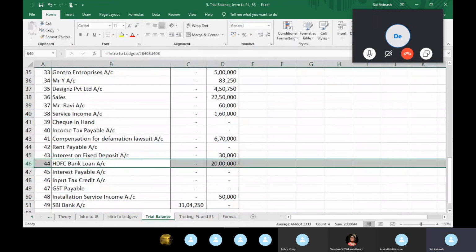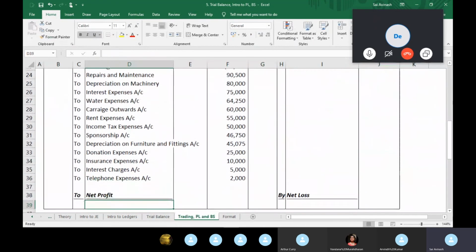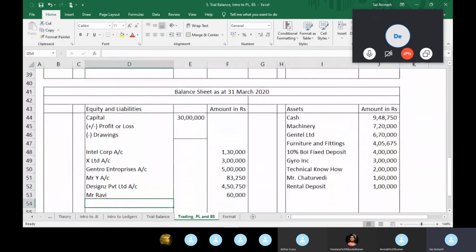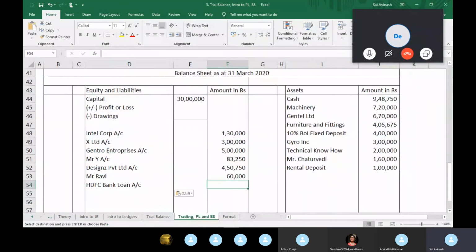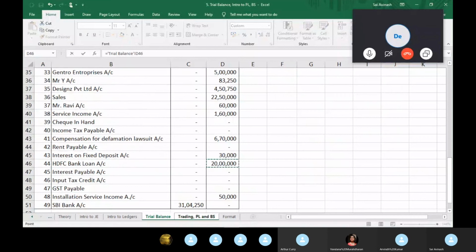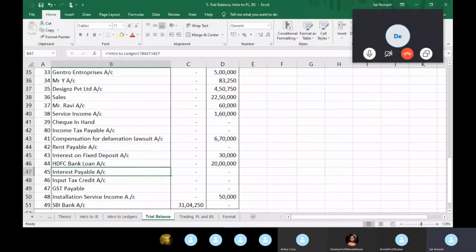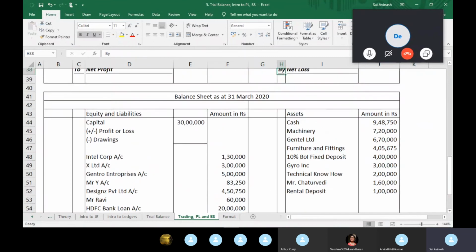Okay. Loan, it's obviously a liability, so it goes on your balance sheet. All these are nil accounts. Installation service income, so it's an indirect income.